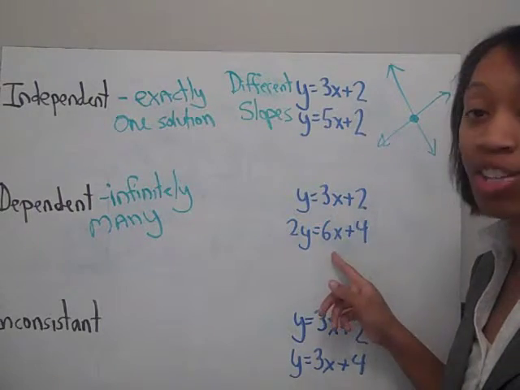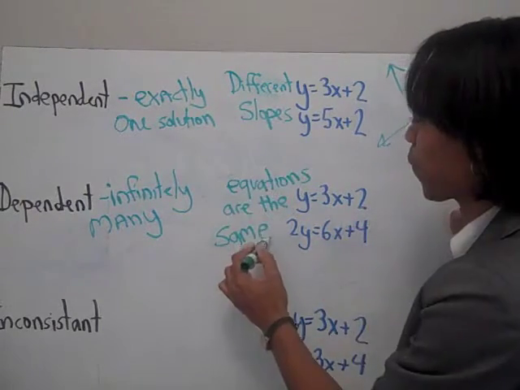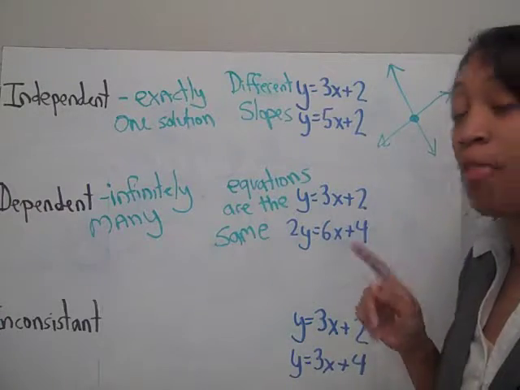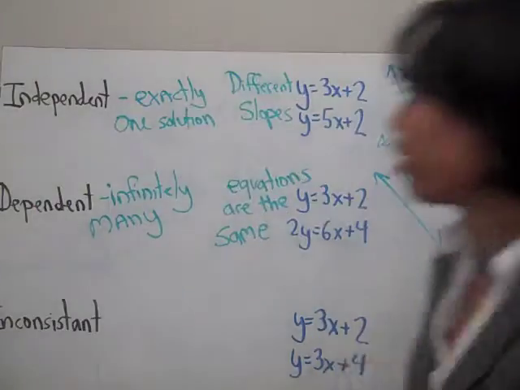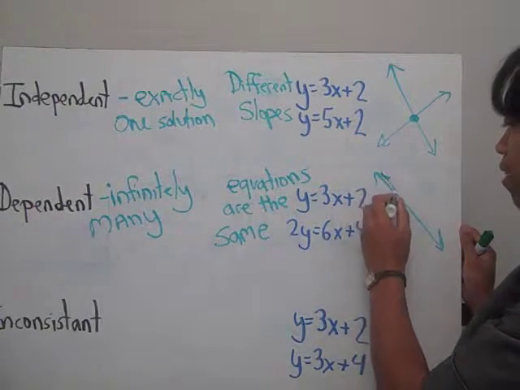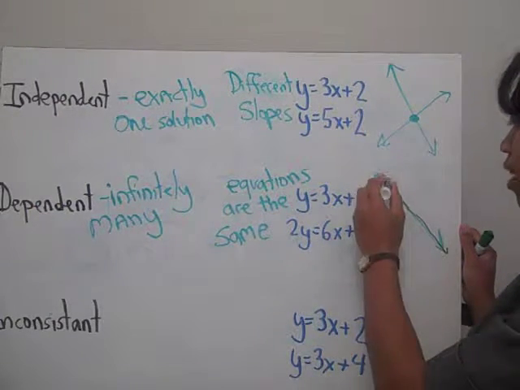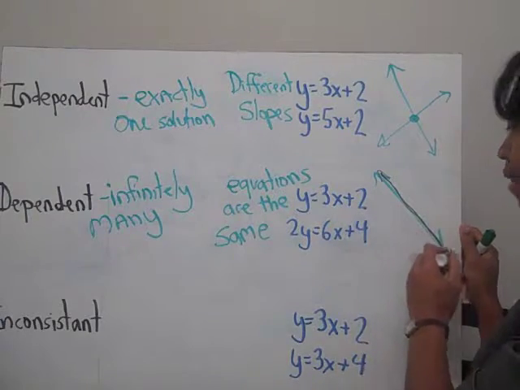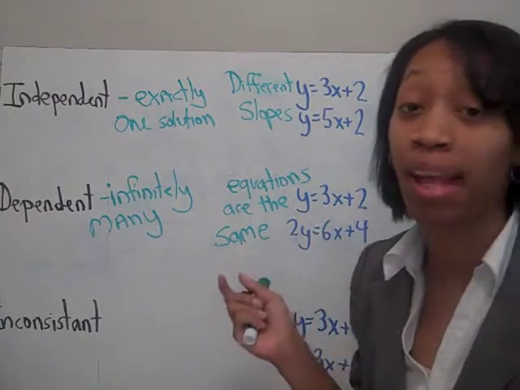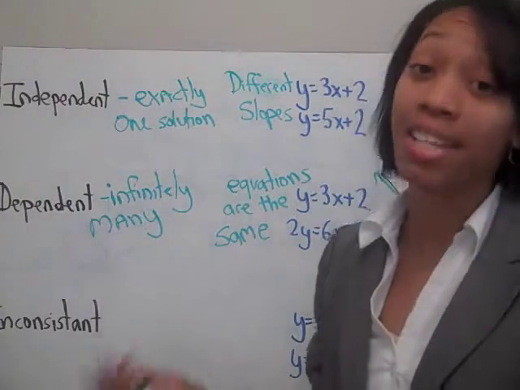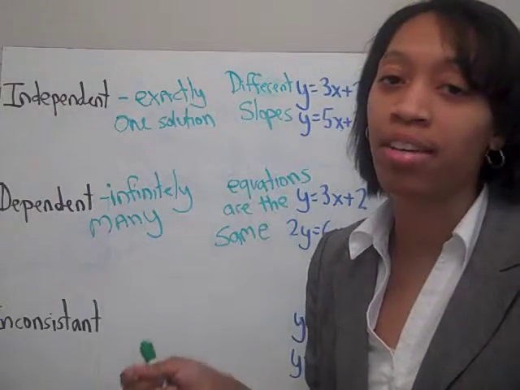So really these two equations are exactly the same. When you graph it and they're dependent, you've got one line and a second line that's right on top of the first line. So the lines are actually overlapping. If the lines are overlapping like that, then where do they cross? They cross everywhere, thus infinite solutions.